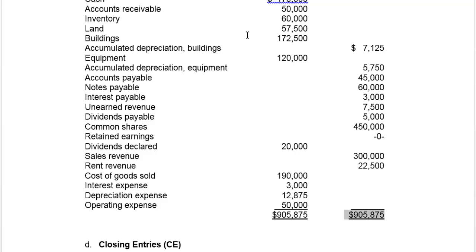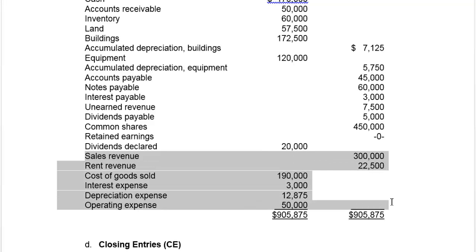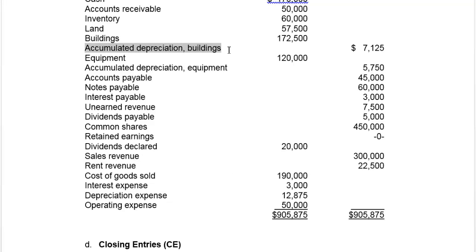So you can go back now to all of your financial statements, and if you went back, for example, to the income statement that you did, you would find these accounts listed in the income statement. If you went back to your balance sheet, you may not see accumulated depreciation, but you'd see it at net, 172.5 less 71.25. You'd see them at net, right? So you'd see a balance for notes payable, interest payable, and unearned revenue in your liabilities section, so they would all be listed.